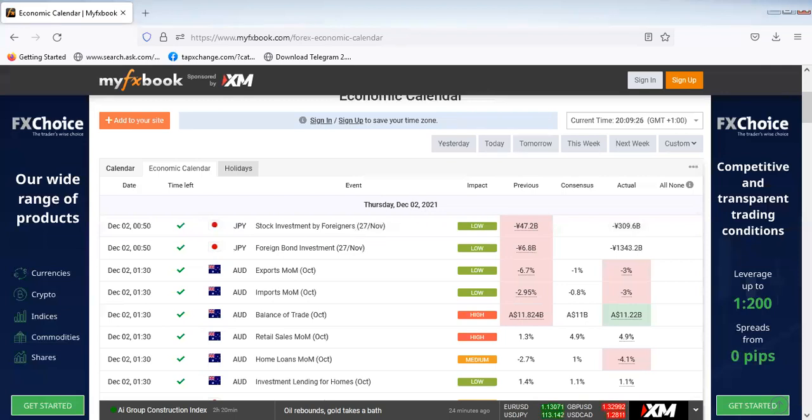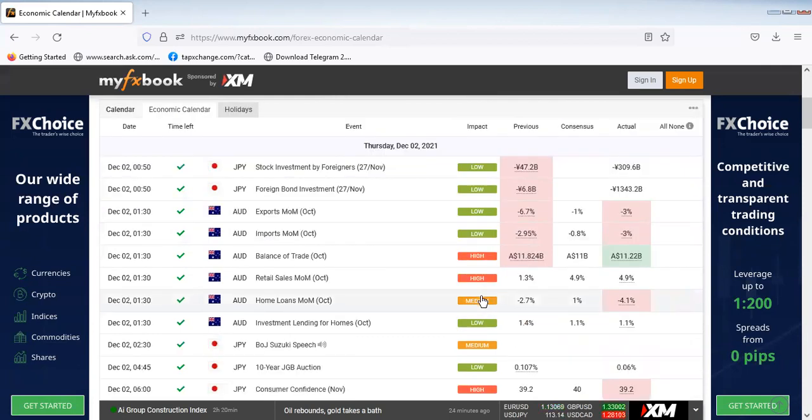Why do they call this news trading? They call it news trading because you look at the dates, you check the impact. The impact is low, high, medium, and so on. You see previous, you see consensus, you see actual.